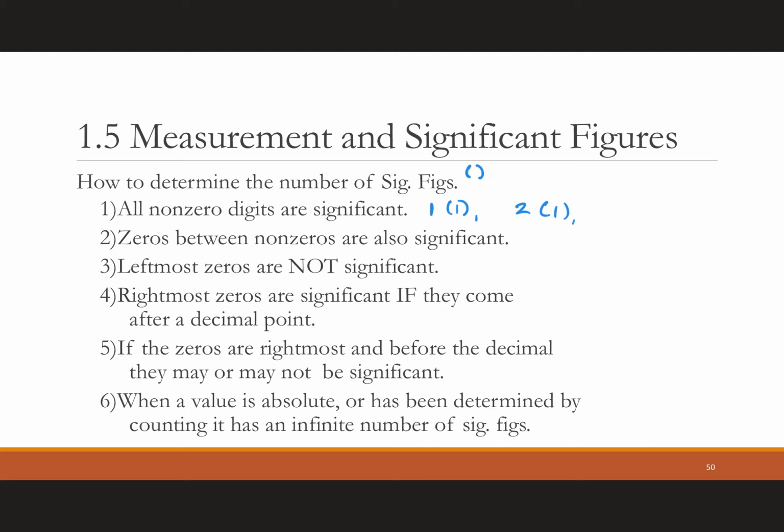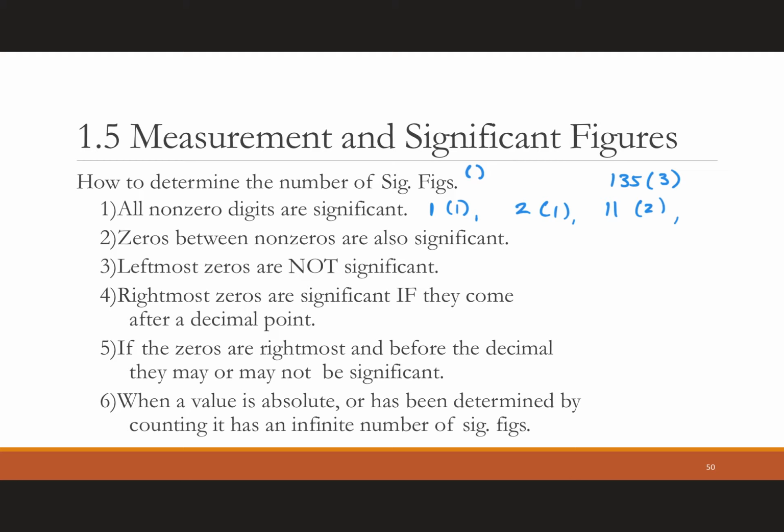If you have the number 11, this has 2 significant figures. If you have 135, that would have 3 significant figures. They're all non-zeros. That's rule 1. Any non-zero is automatically significant, in any place value.